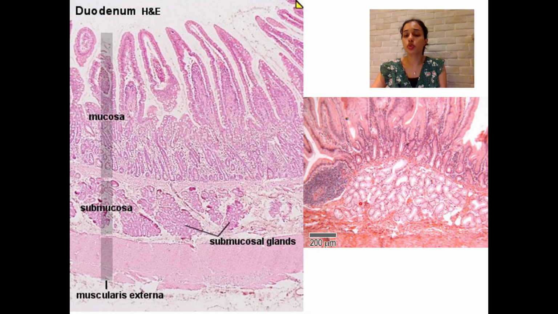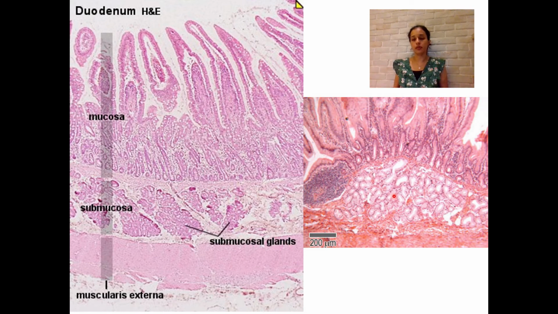Why are the mucosal glands present in the submucosa here? Because there should be more secretion of mucus in order to maintain the optimal pH. In the stomach, the chyme which is formed is mixed with hydrochloric acid. Once it reaches the duodenum, in order to maintain the optimal pH, there will be more secretion of mucus.